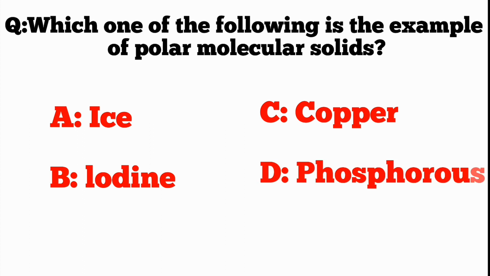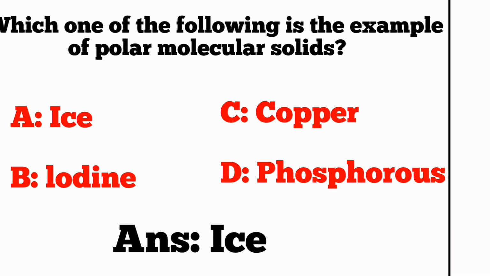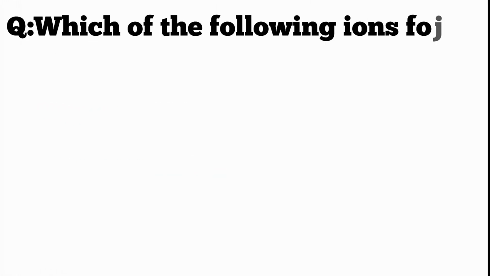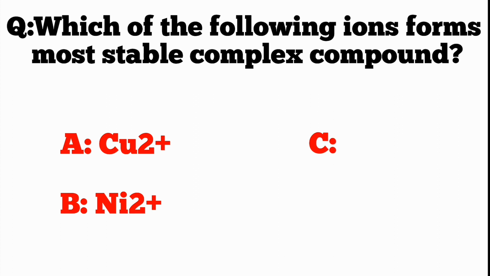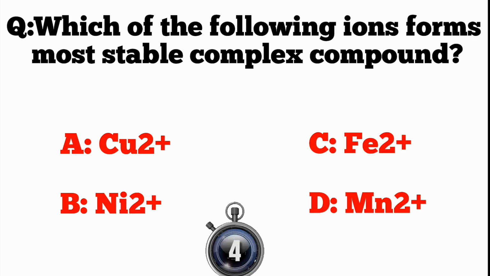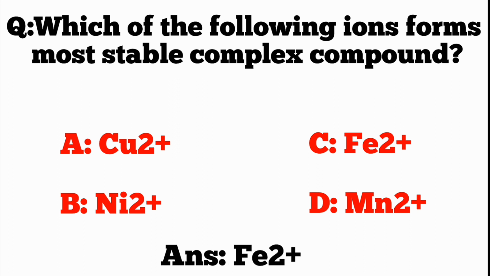D. Phosphorus. Ans. Ice. Q. Which of the following ions forms most stable complex compound? A. Cu2+. B. Ni2+. C. Fe2+. D. Mn2+. Ans. Fe2+.